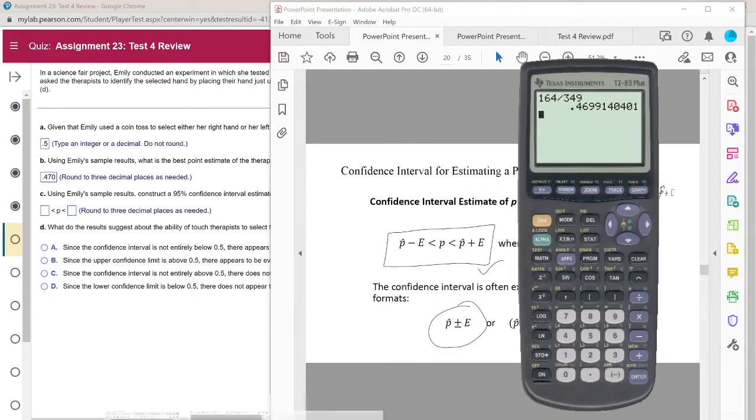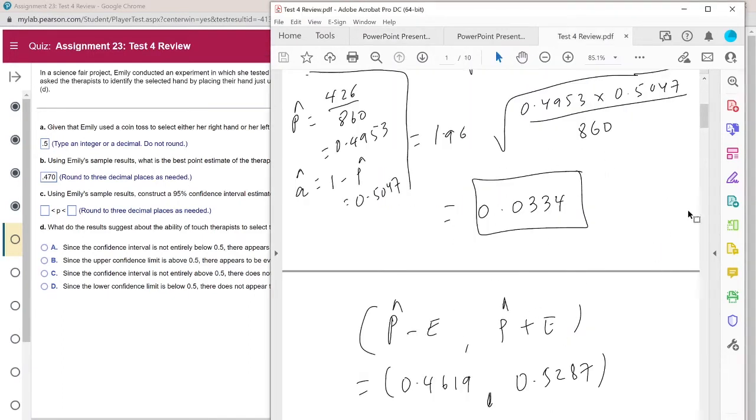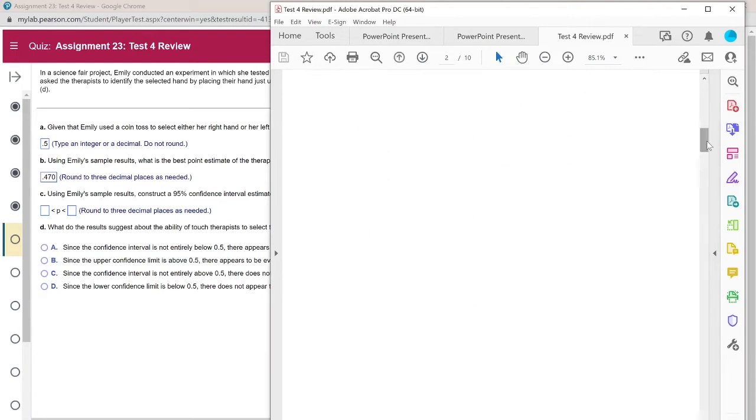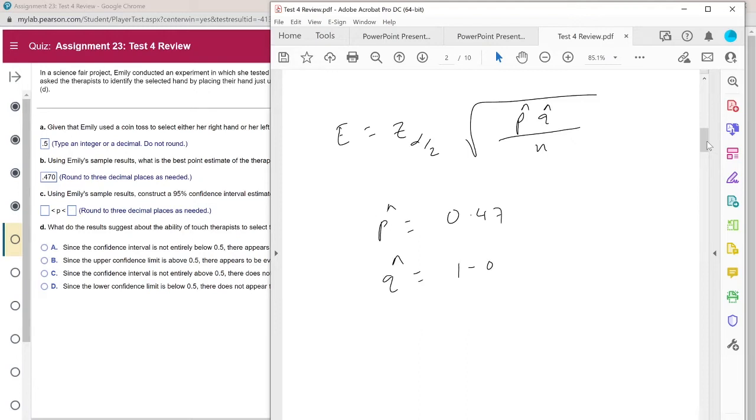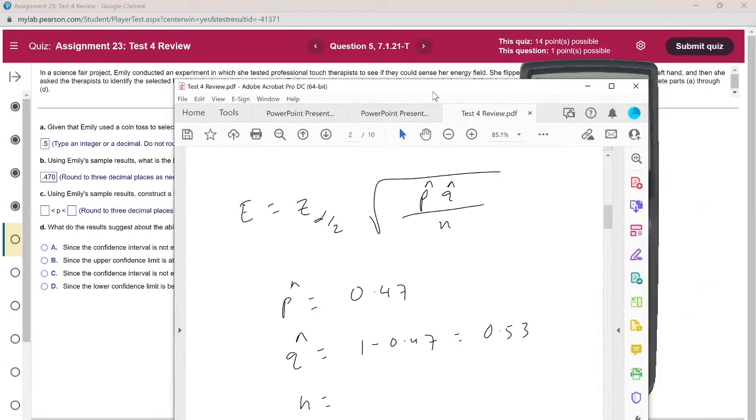Margin of error E can be found by using this formula, the square root of p hat q hat divided by n. We know p hat is 0.47, and then q hat is 1 minus 0.47, which is 0.53, and n in this case is the sample size, which is 349.